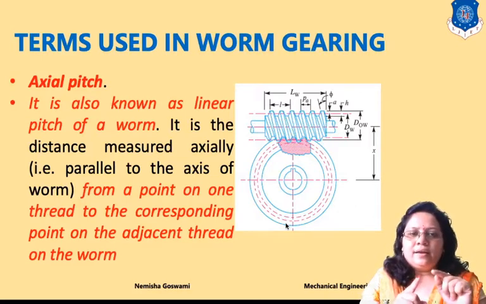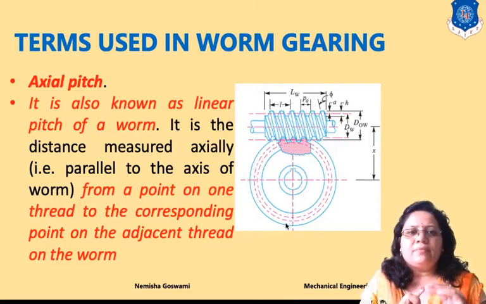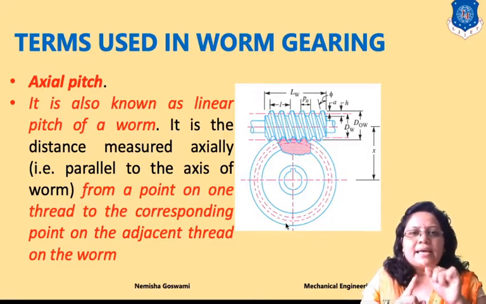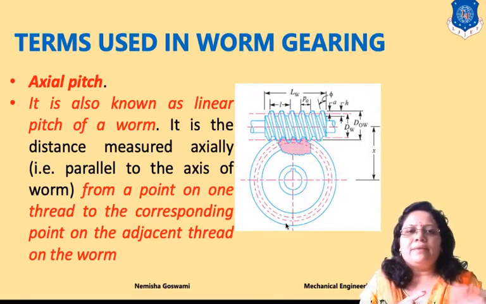If there are a number of threads, say 10 threads, what is the distance? It is an axial distance between 1 and 2, and again a similar distance 2 to 3, then 3 to 4, 4 to 5, and so on.